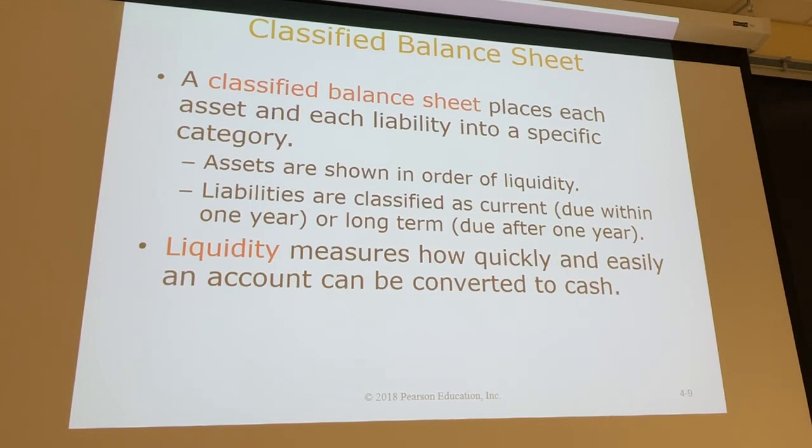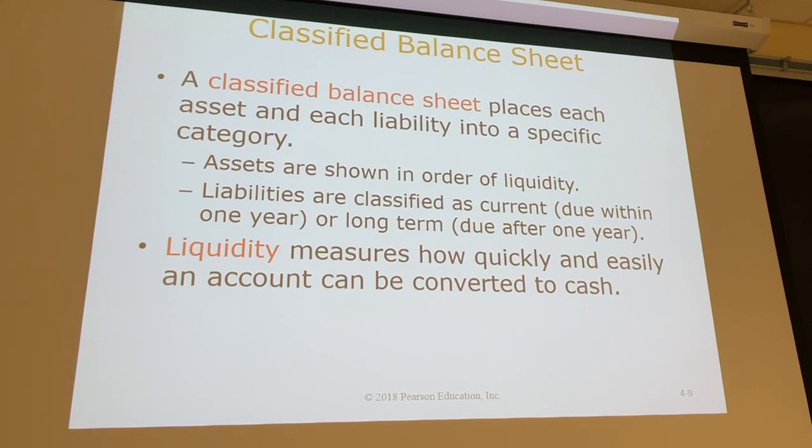And generally speaking, the asset accounts are going to be shown in order of liquidity. When we use the word liquidity, that refers to how quickly and easily an account can be converted to cash. Cash is the most liquid account because it's already cash.